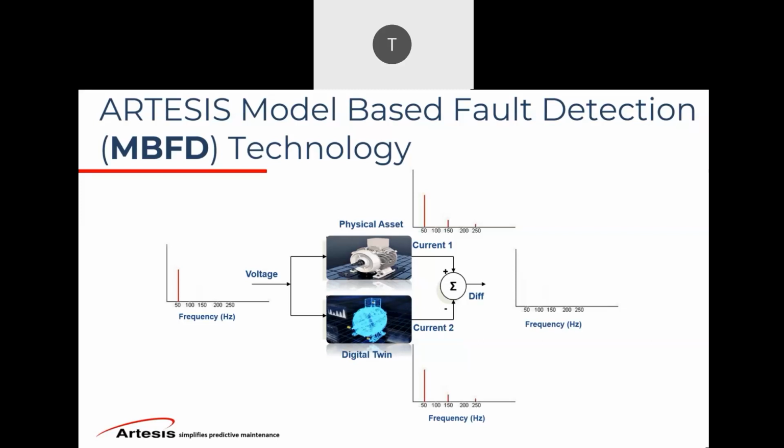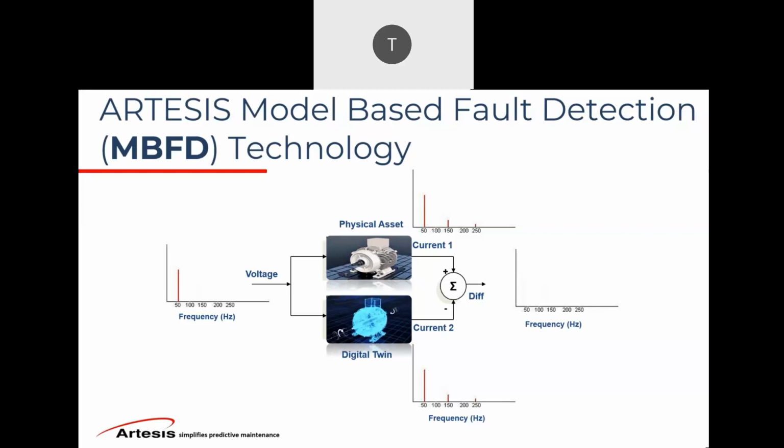Now, we are going to elaborate more on that learning or digital creation period later on, which takes approximately 10 to 12 days. But imagine the scenario where a motor has been learned, a digital twin has been created, and you now have these harmonics on the second graphic here, down here, where it says current 2.